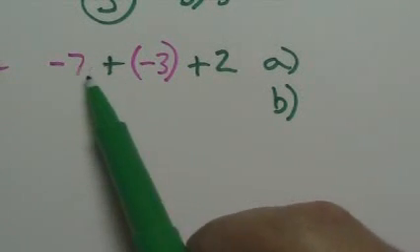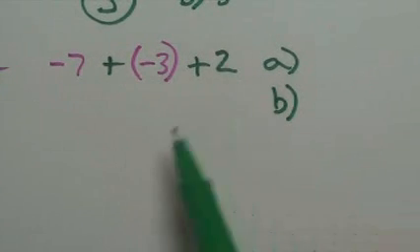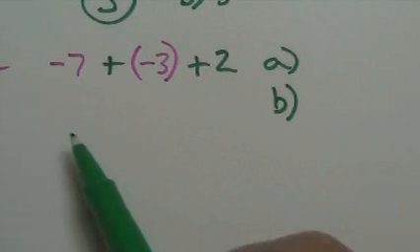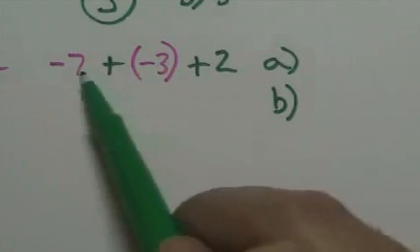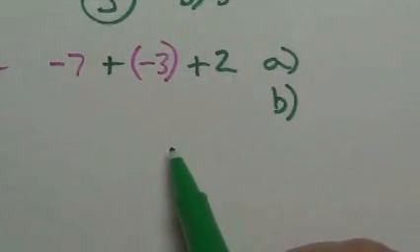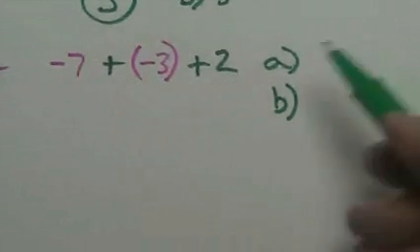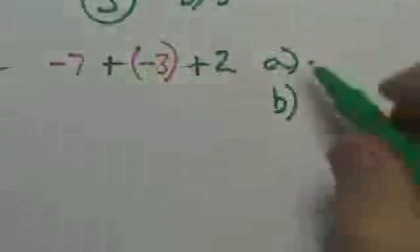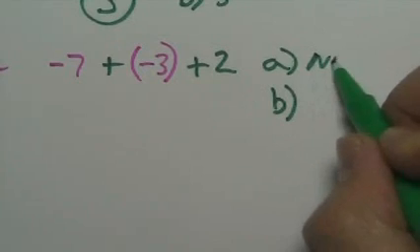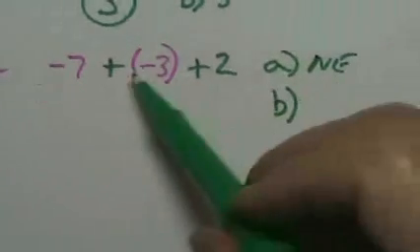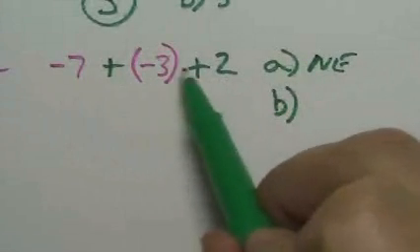Okay, the next one. I have -7, a -3, and a 2. Which team has the most, the negatives or the positives? Well, I have 10 negatives and only 2 positives. So there's more negatives. How many more than the positive?